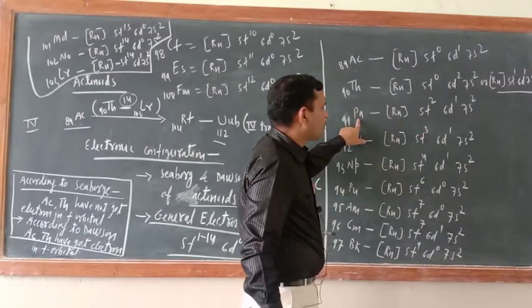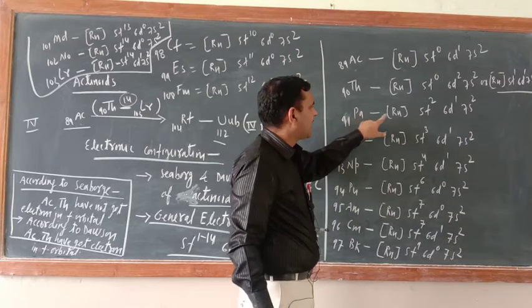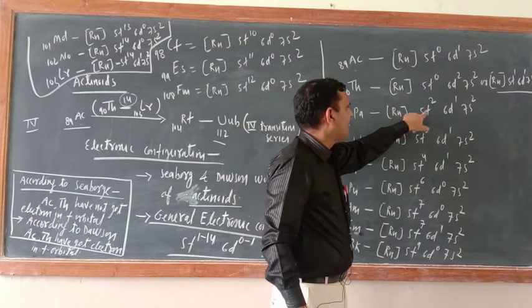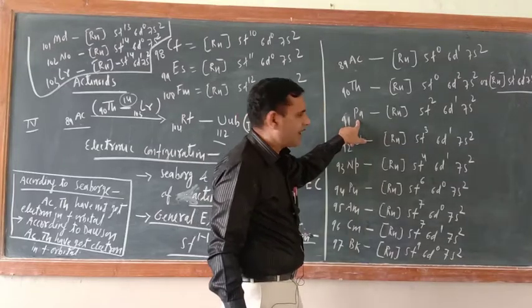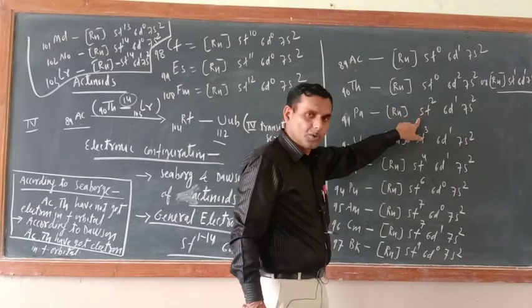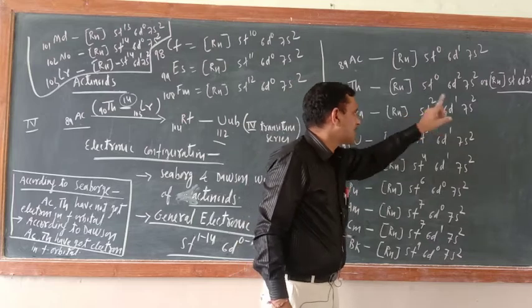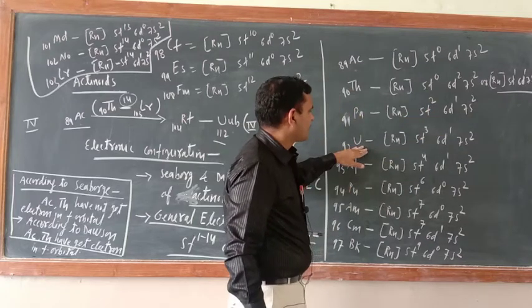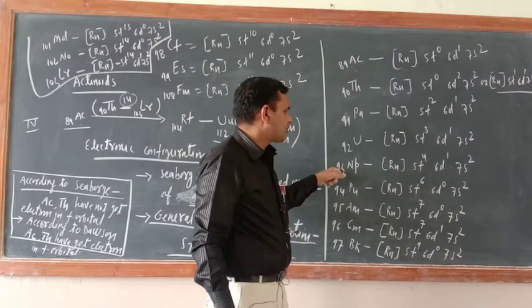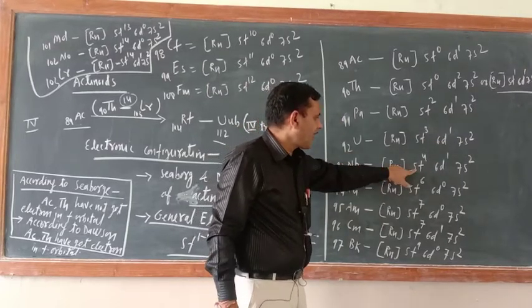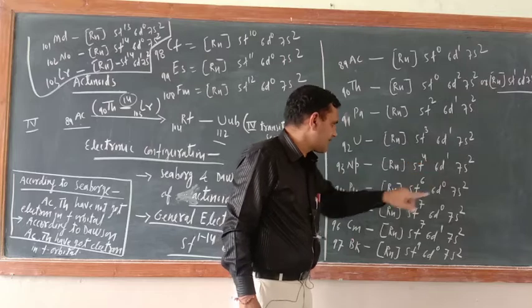This is protoactinium, Pa: 5f2. Directly electrons enter 5f, that is 2 electrons, 6d1 7s2. Uranium, now 5f3 6d1 7s2. Neptunium 93, now 5f4 6d1 7s2.